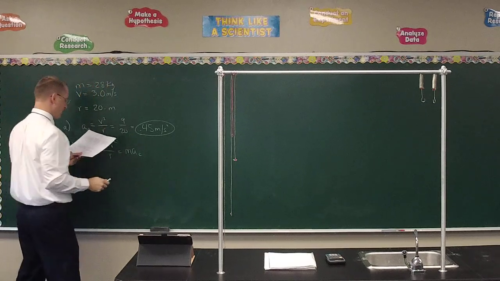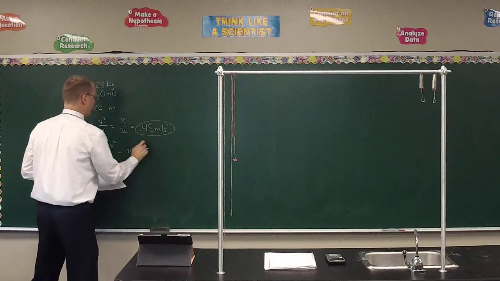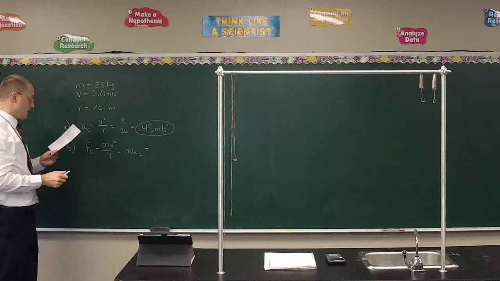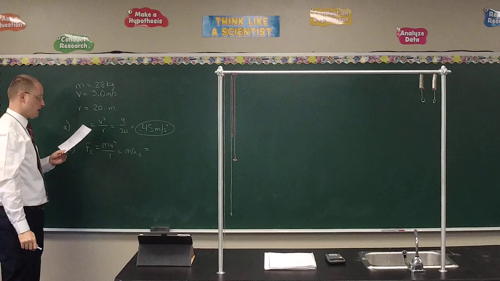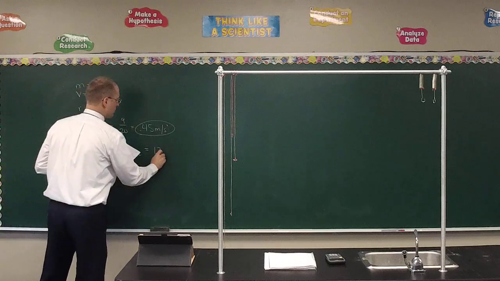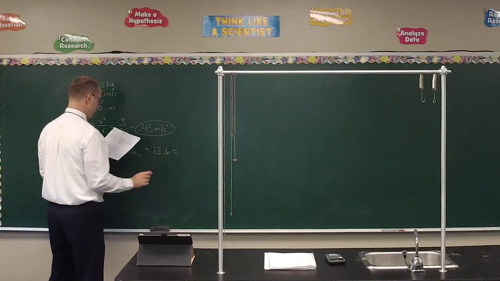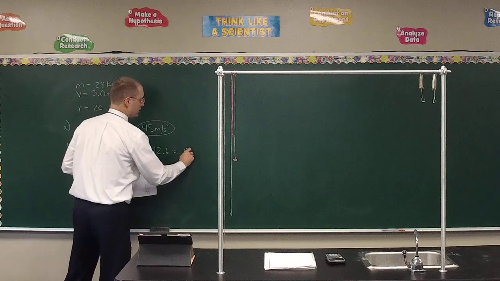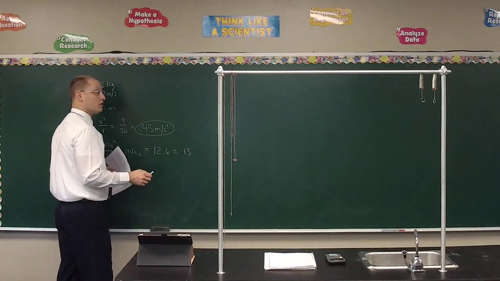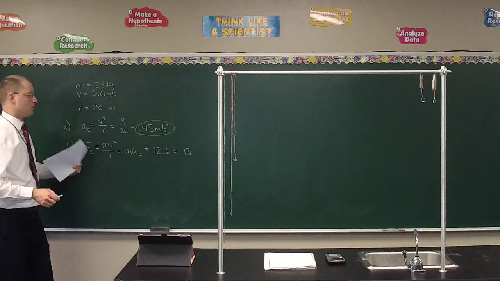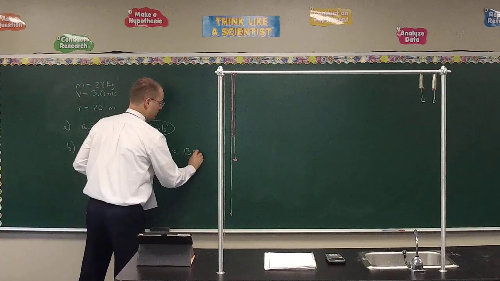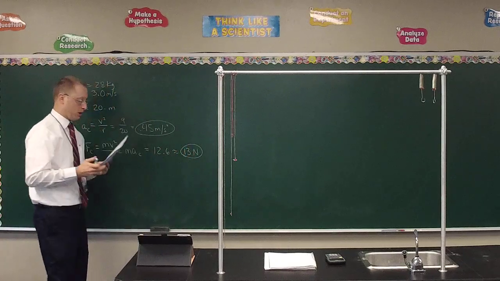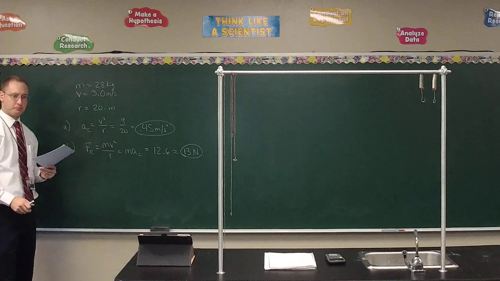So what I would do is I just take the 0.45, multiply that by the 28, and that gives us a force of 12.6, we'll round to 2 sig figs. 13 newtons. Questions on the second part of that first problem.